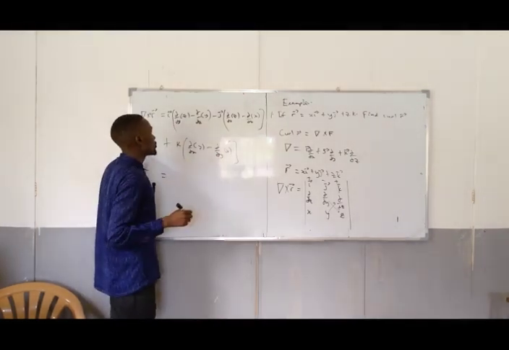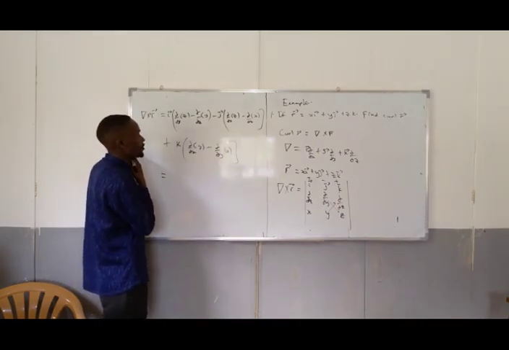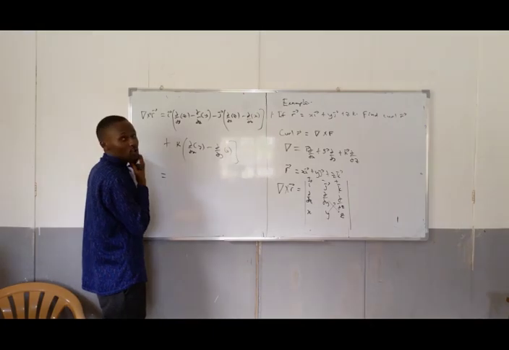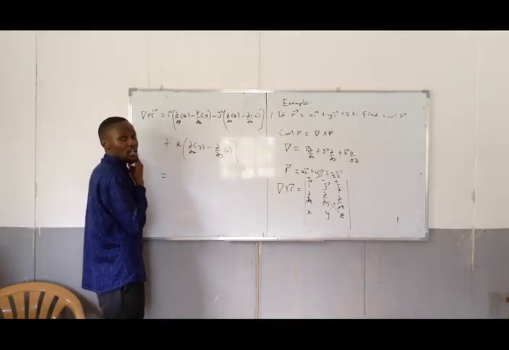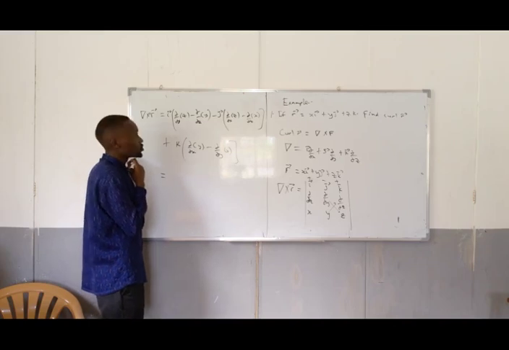So now, when you are looking for the partial derivative, okay, for example, the partial derivative of z with respect to y, we shall be getting 0 because we consider z to be a constant, and the derivative of any constant equals 0.